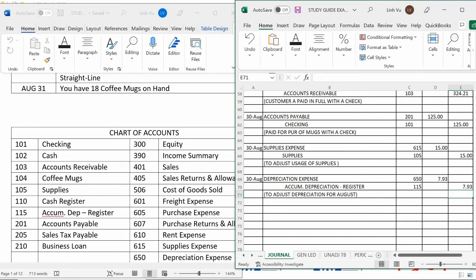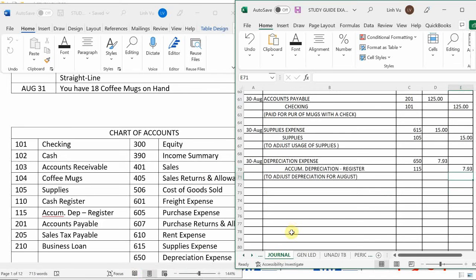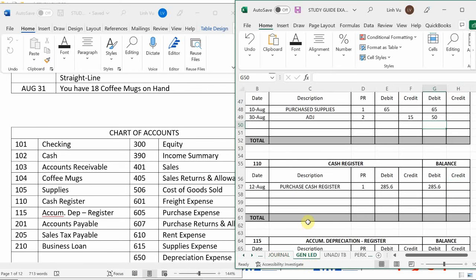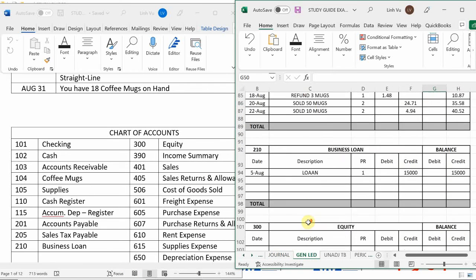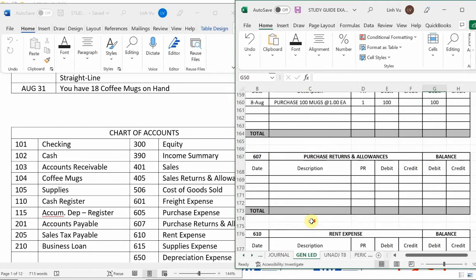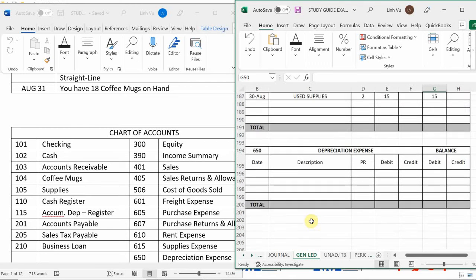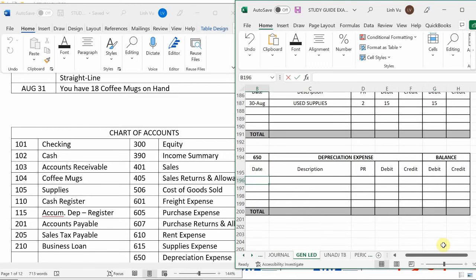Okay, so once again, let's adjust my ledger. I got some depreciation expense for the cash register, PR2 for $7.93.